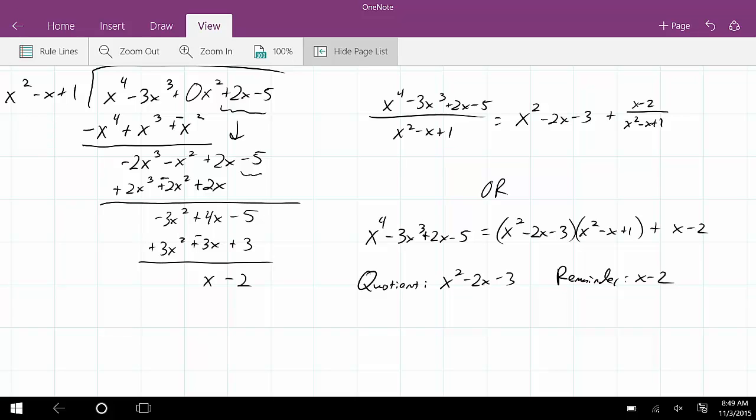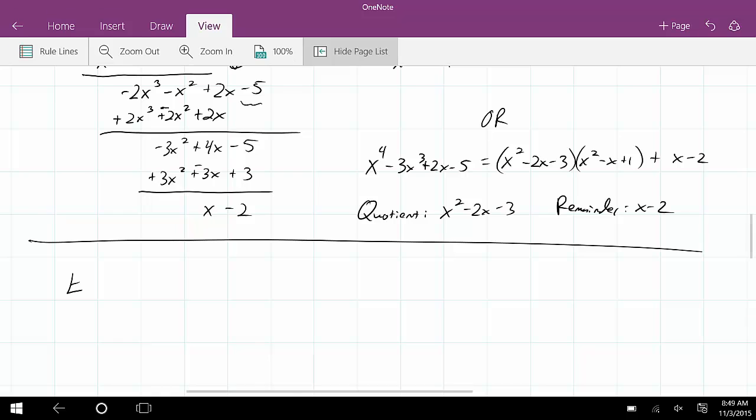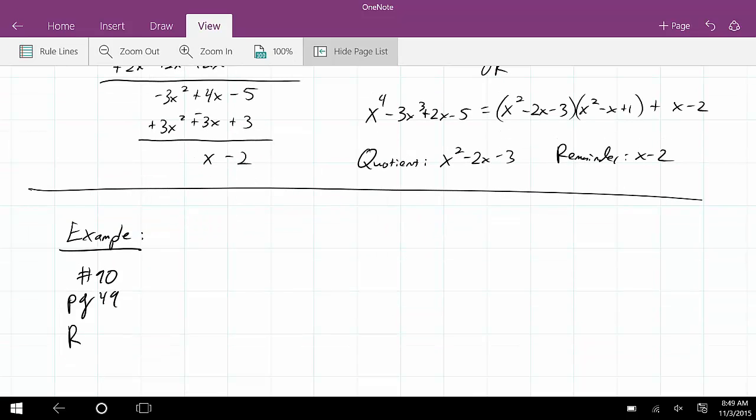So let's go through some more examples. I'll do a couple more. This is problem number 90 on page 49 in your book, and this is in review section 4, so R.4.